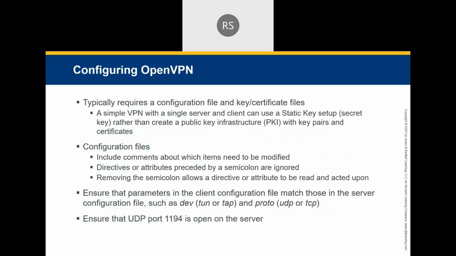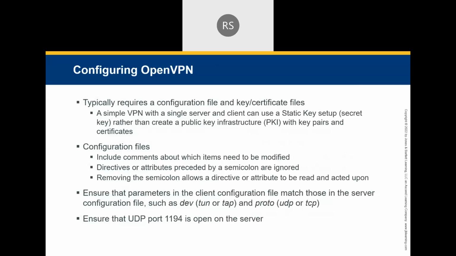Directives and attributes preceded by a semicolon are ignored, while removing the semicolon allows directives or attributes to be read and acted upon. It's also important to ensure that parameters in the client configuration file match those in the server configuration file. Parameters such as the device, protocol, and port must be consistent for proper communication between the client and the server.